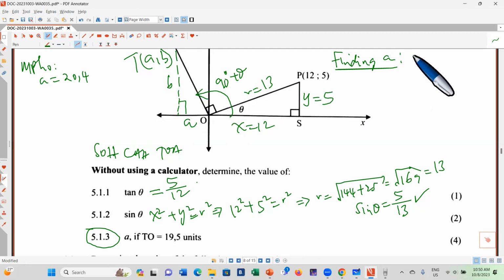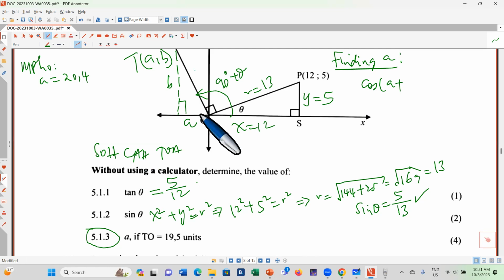So it means, therefore, we want to find a, so we can use the cosine function. So we see that the cosine of the adjacent side, which is a, in view of SOHCAHTOA, right? What does SOHCAHTOA tell us here? SOHCAHTOA tells us that cosine is adjacent over hypotenuse.